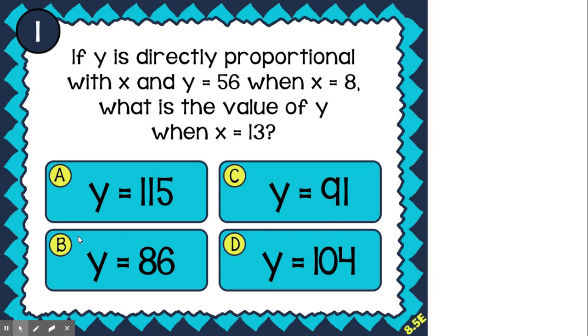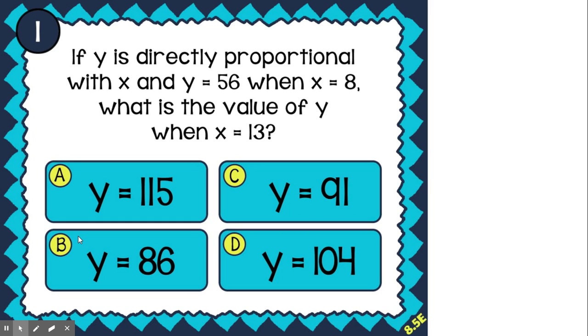It says, if y is directly proportional to x. You might also see it as y varies directly with x. Again, varies directly or directly proportional, they mean the same thing. So direct variation and proportionality.